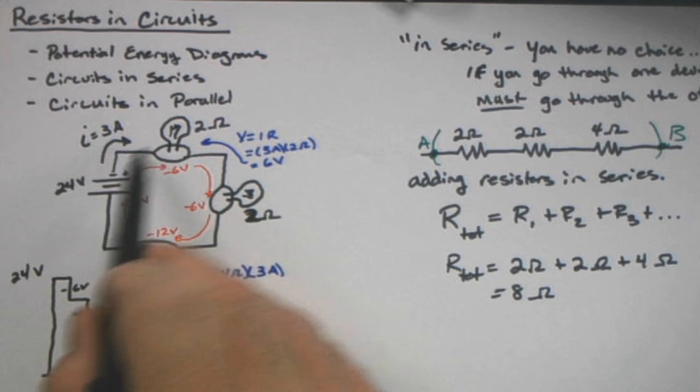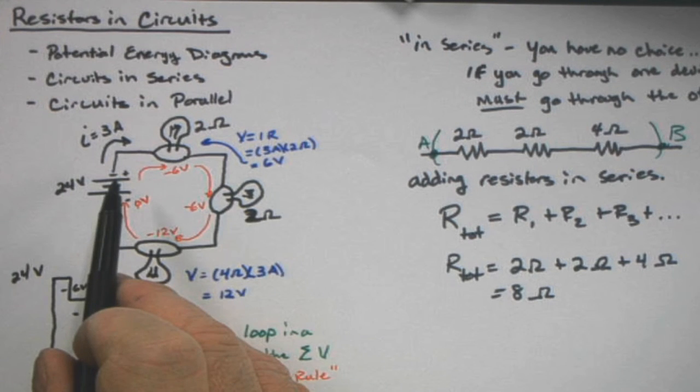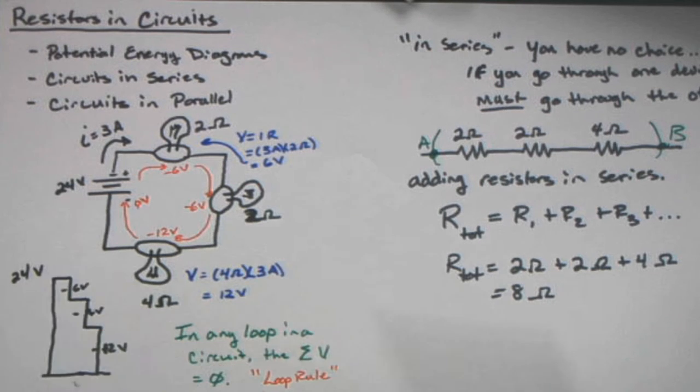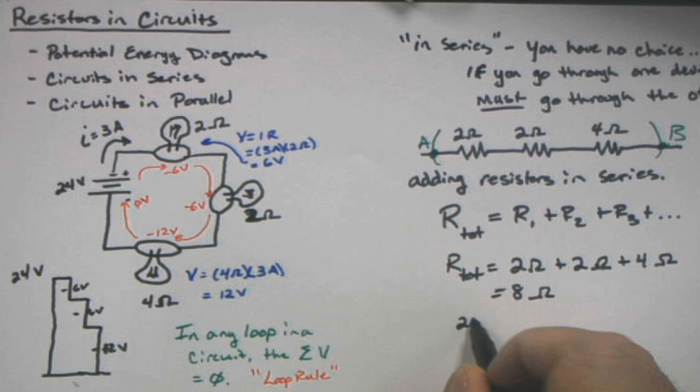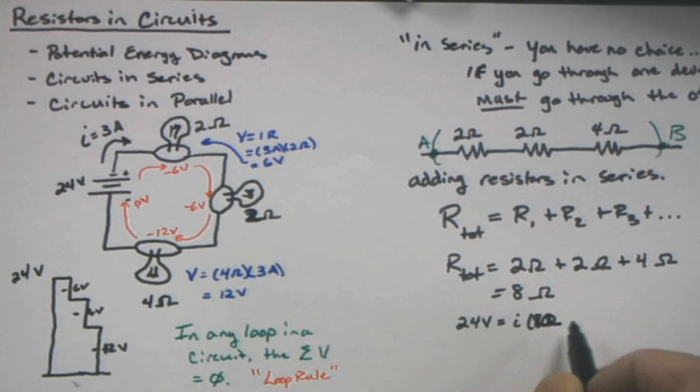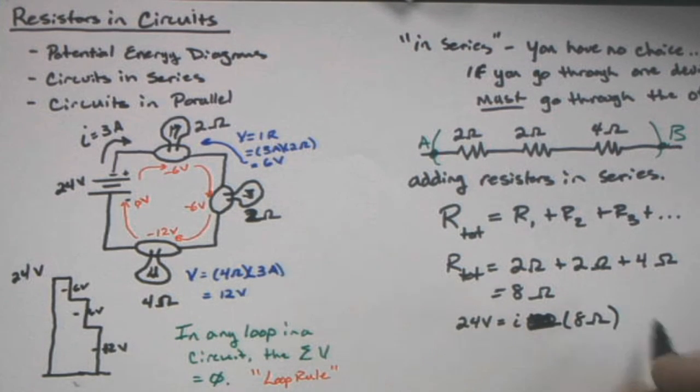Let's say we want to find the current in this whole thing, back in our original diagram. If we start with 24 volts, this equals our current times our 8 ohm total resistance.